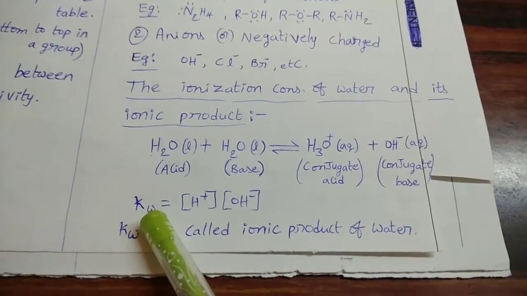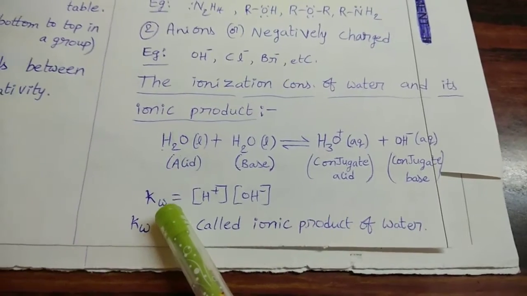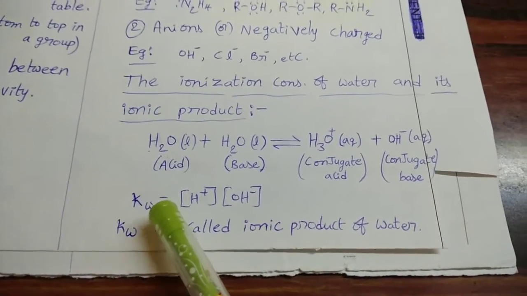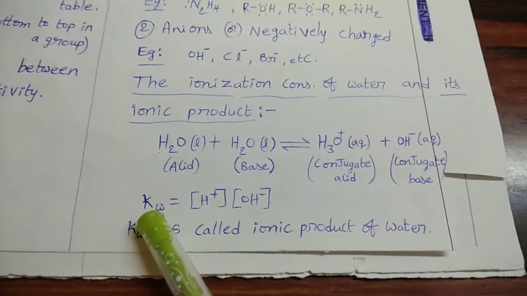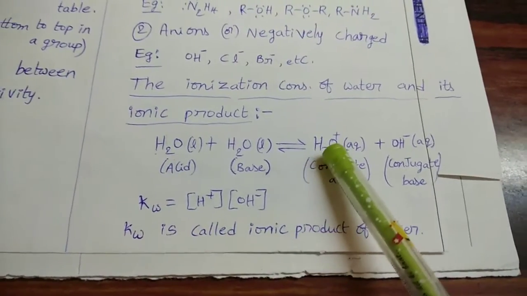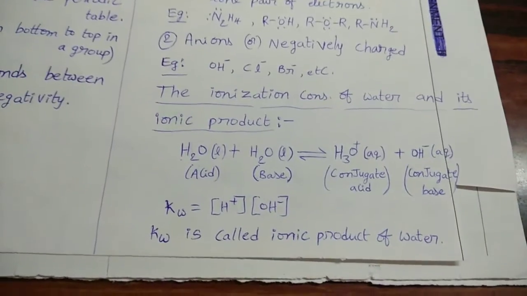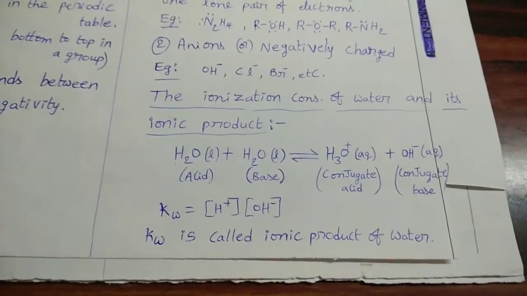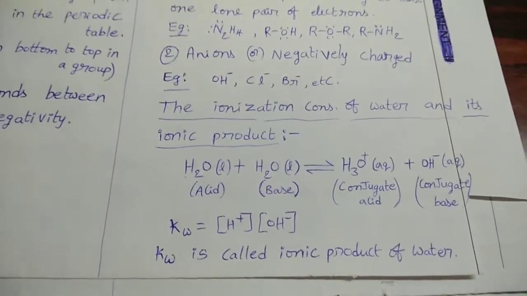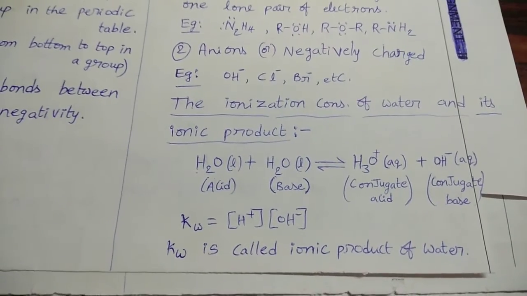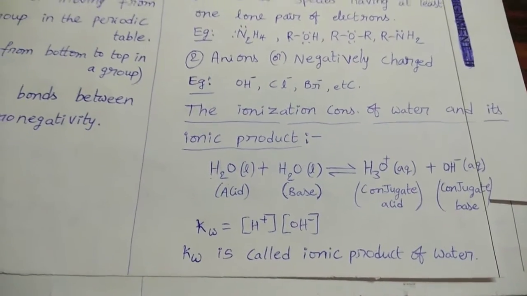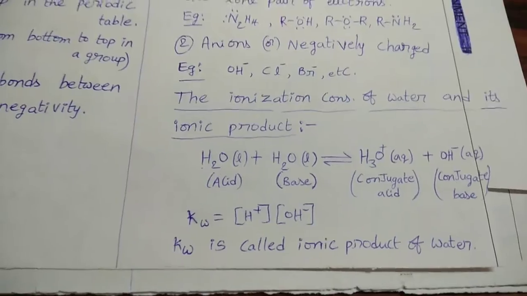Equilibrium constant Kw, because it is the equilibrium constant related to water. Kw equals H3O plus and H plus, both are same. Actually, H plus is a highly reactive species. So in water, that H plus can combine with water and form H3O plus ion, the hydronium ion.